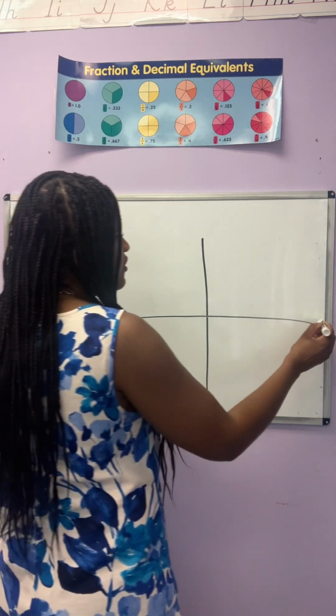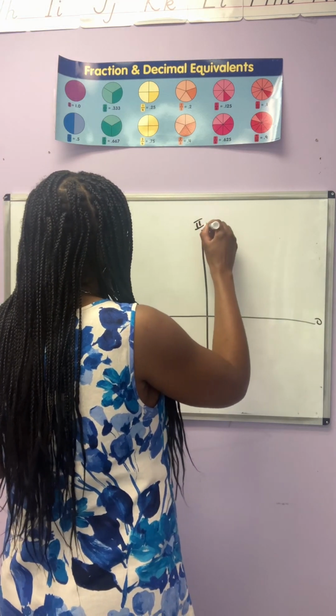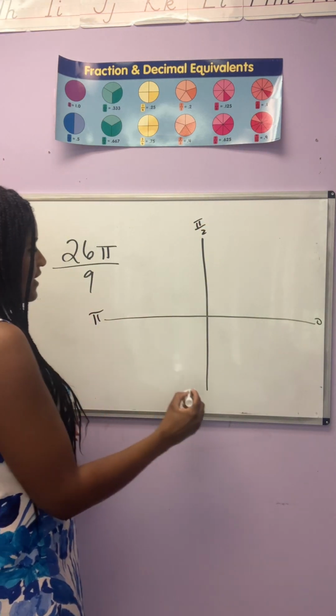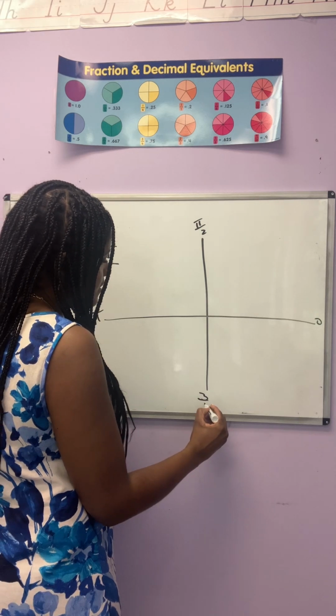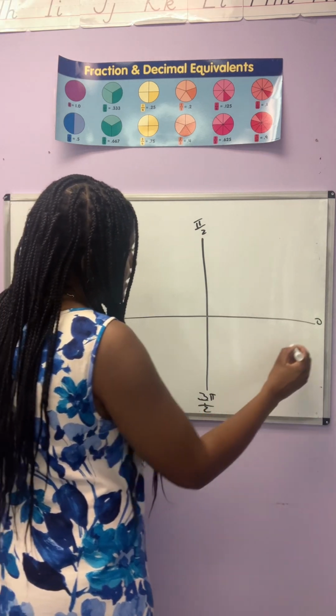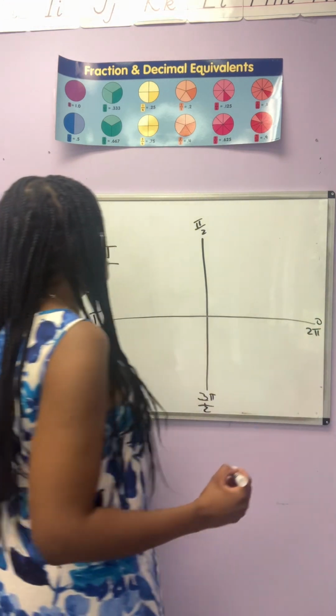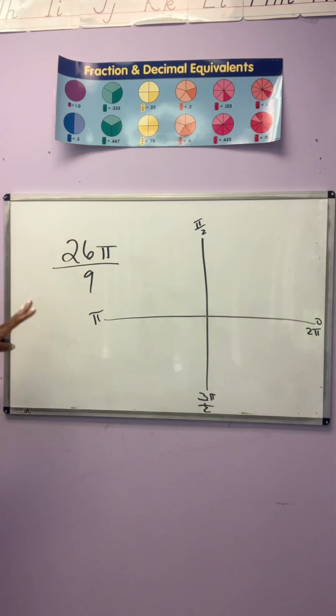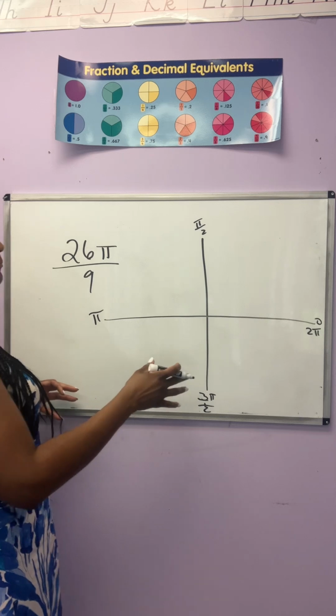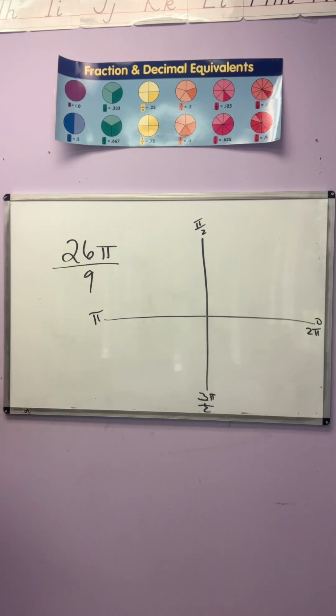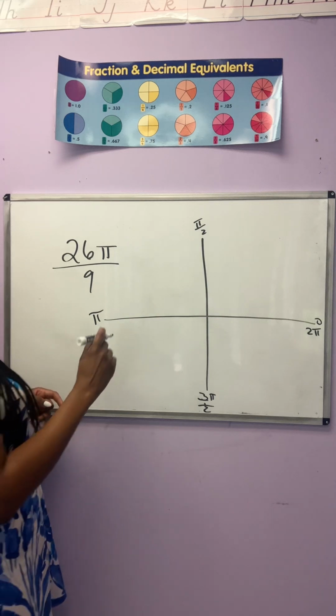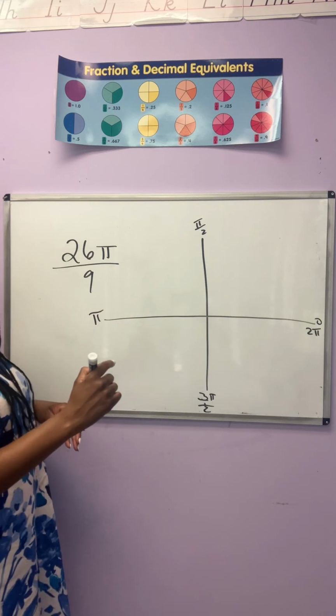So you have your 0 degrees. This is pi half. This is pi, 3 pi over 2, and 2 pi. Okay, and we have 26 pi over 9. If we think about breaking our unit circle into 9 parts, when we get to one whole, we'll be over here.